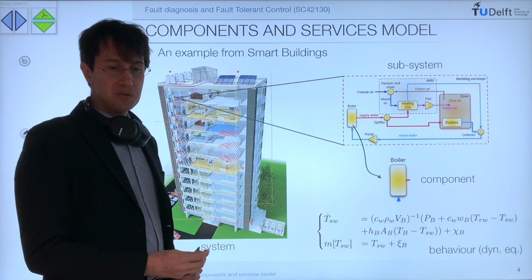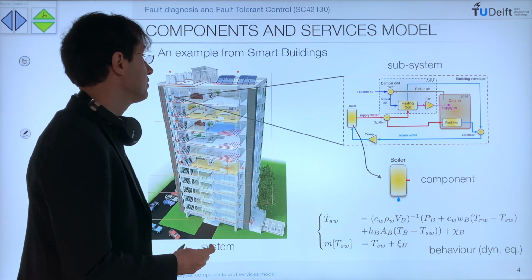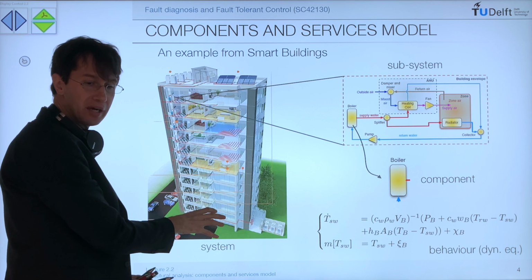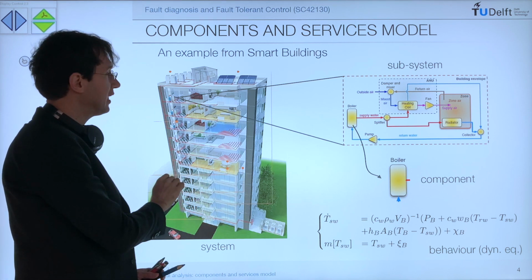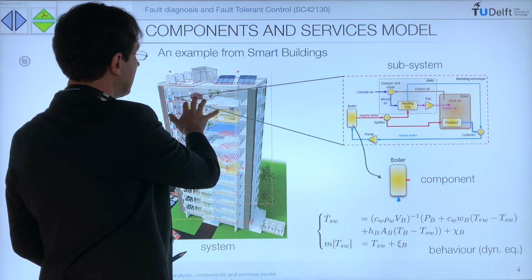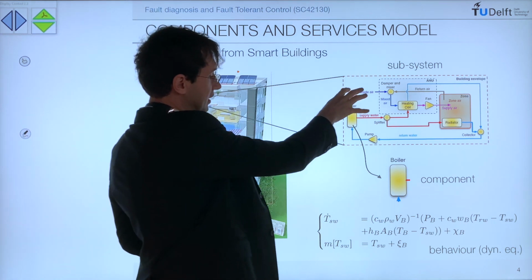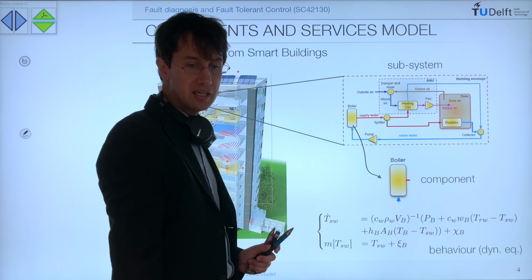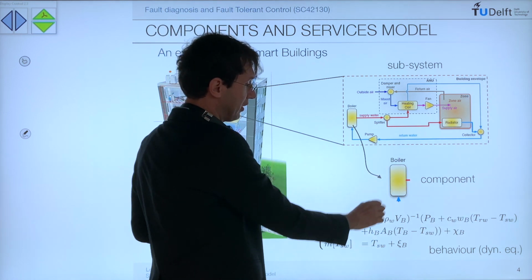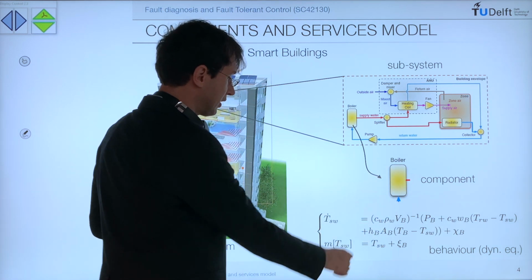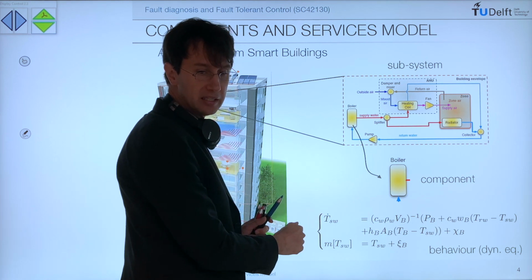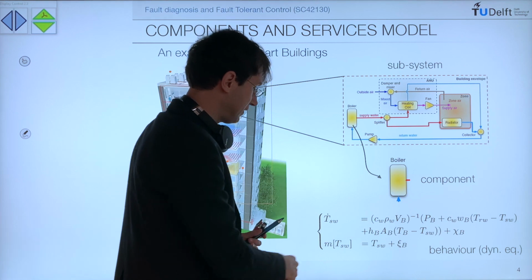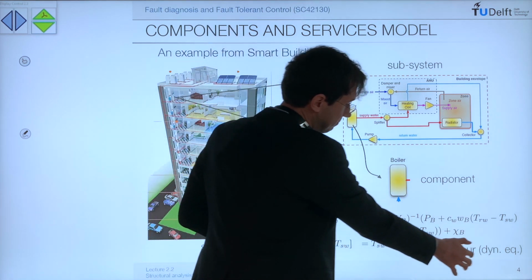As we introduced in the previous lecture, an example could be a smart building where you have several independent dwellings, and each one has a heating subsystem, and this heating subsystem is comprised of several components, as for instance the boiler. And each component can have a number of services it is providing. The case of the boiler is to heat water, and this service is described by equations.